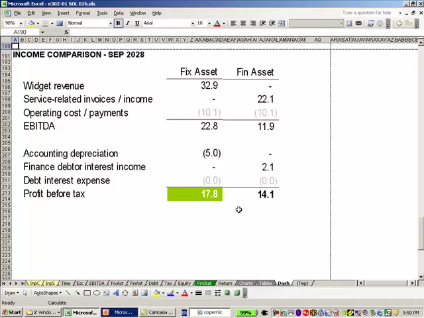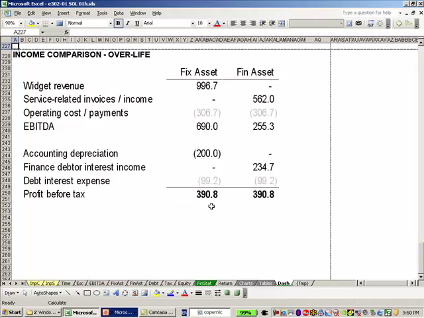And what I mean by that is, if we were to look at the over life totals, you get this picture, where the overlife profit before tax of 390.8 million in both of our financial model runs, whether we're treating it as fixed asset or financial assets, is no different. What is interesting is that the EBITDA is completely restated.